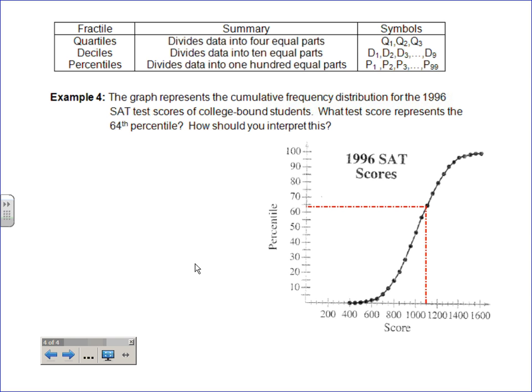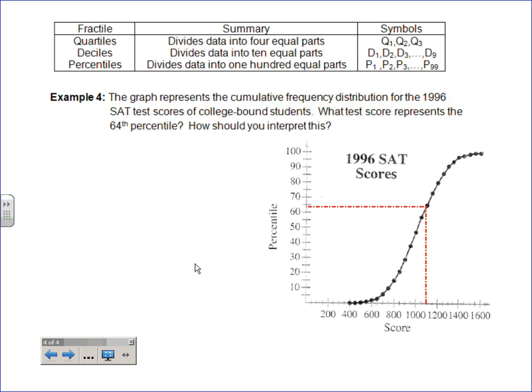I guess you could look at it that way, or you could say that because it helps to know background information. Let's say you didn't know background information, you wouldn't be able to say that that's better, because maybe scoring a 400 is awesome. You don't know that. Scoring 400 could have been awesome in something else. So obviously you had background information. So you have to get more general and say that 64% of the students that took this scored 1,100 or less.